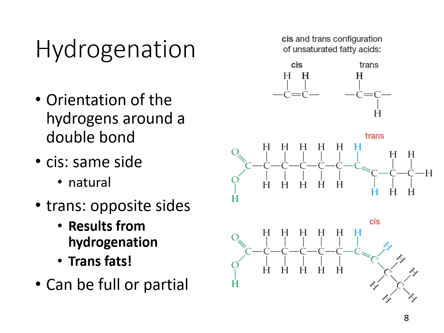So the orientation of the hydrogens around that double bond is what is causing it to be considered cis or trans. If we were saturating every single double bond between these carbons, there really wouldn't be a need to differentiate between cis and trans, because all of them would be saturated, right? Every single fat there would now be a saturated fatty acid.